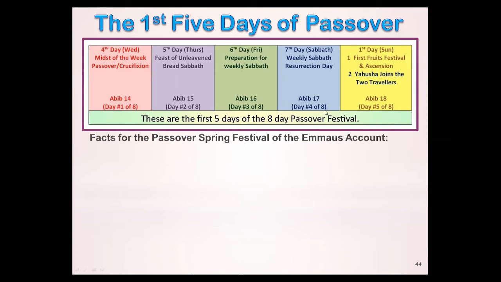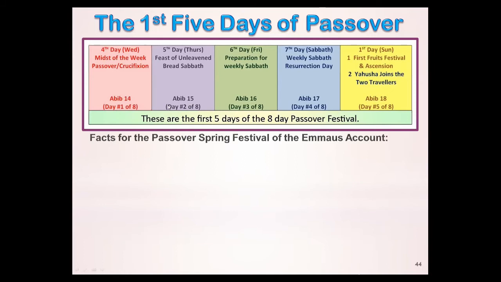And of all things, this first day of the week comes along, and it is the first fruits festival, or the wave sheaf. That is also the ascension of Yahusha. And this is the day where Yahusha joins the 2 travelers. It is day number 5 of the 8. But the Feast of Unleavened Bread starts here on Abib 15, okay?